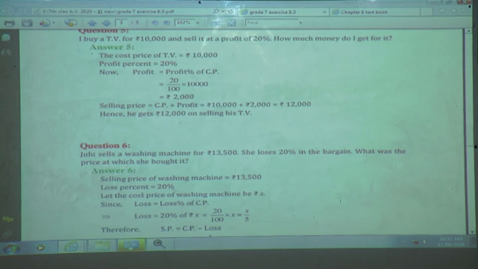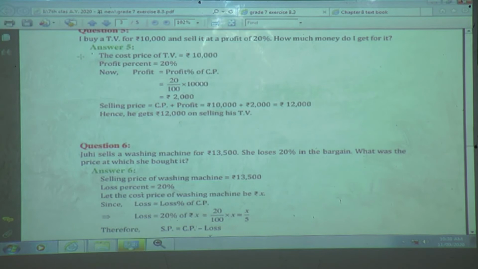A very simple example which is in our daily life. We go for the small items. Here we have an example of a television, bought at 10,000 rupees and sold at a profit of 20%. What will be the money I get after selling it?